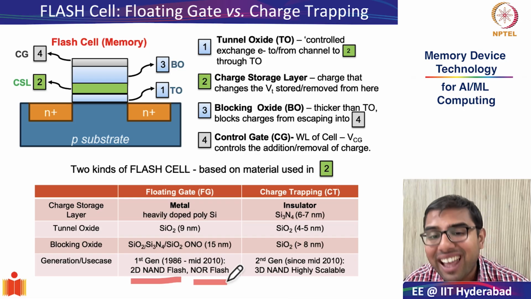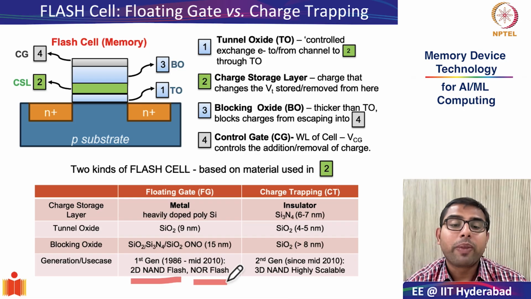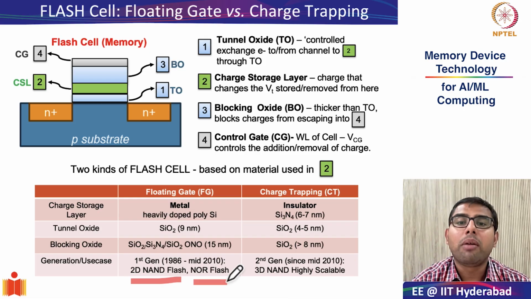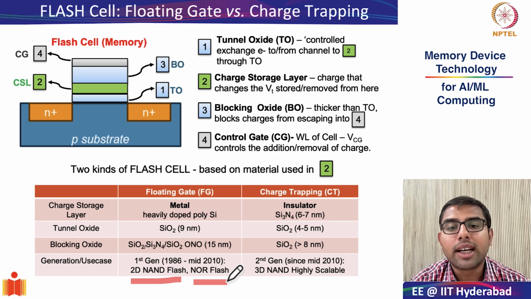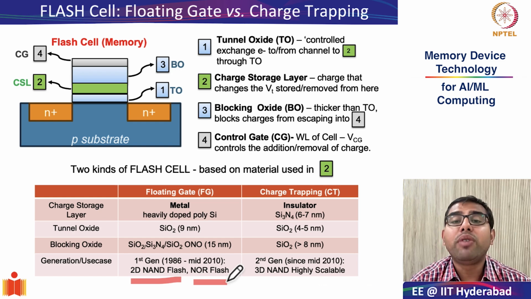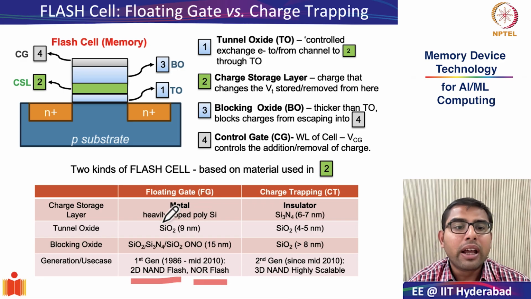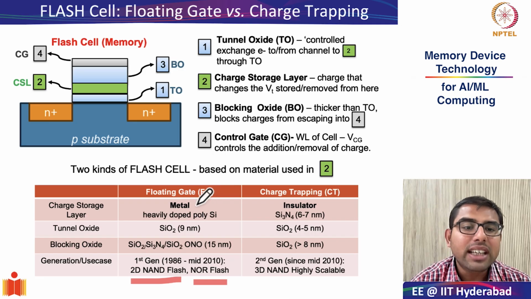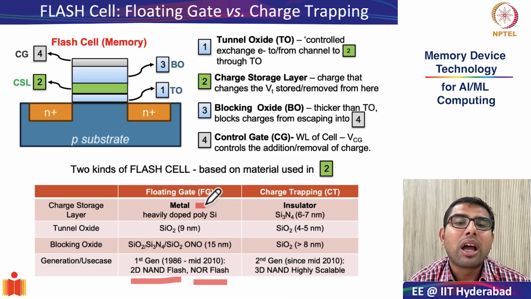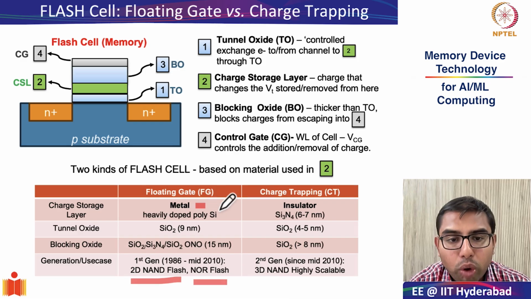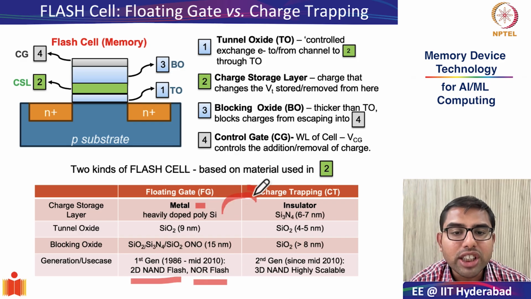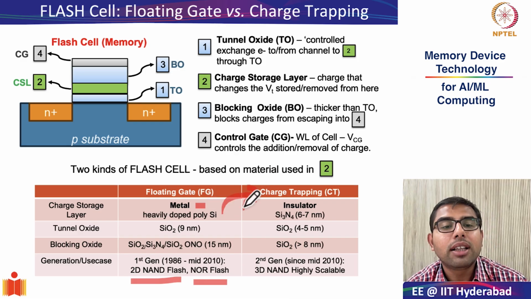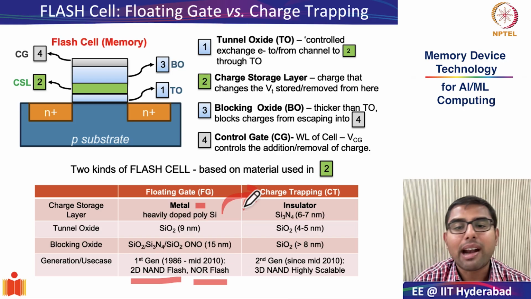And when we study 3D NAND flash, which is a very highly scaled modern day version of your flash cell, and which has actually revolutionized how we do storage, we will realize that it becomes very difficult to scale the floating gate transistor because the charge storage layer is a metallic counterpart, and therefore we move for the new generation from the floating gate transistor to charge trapping transistor.